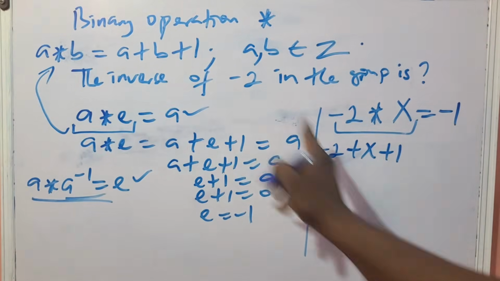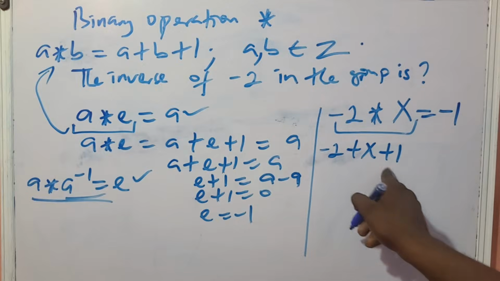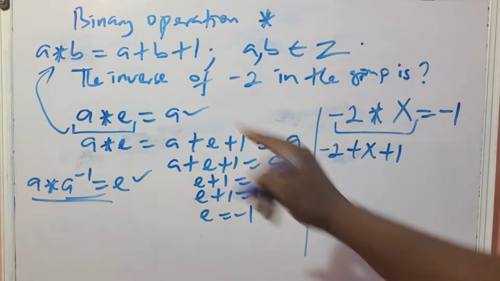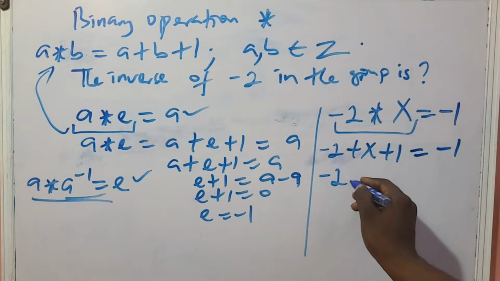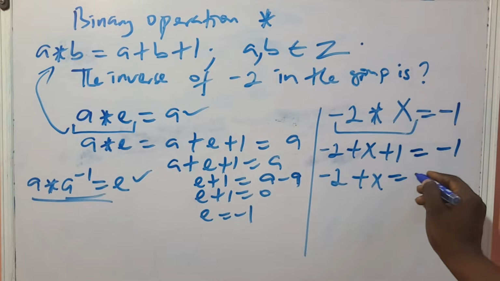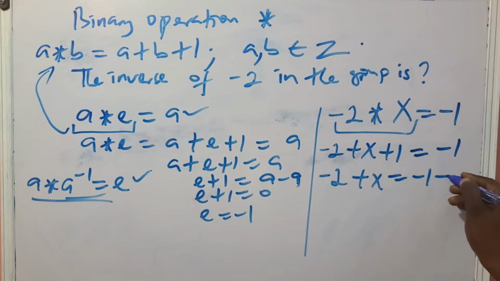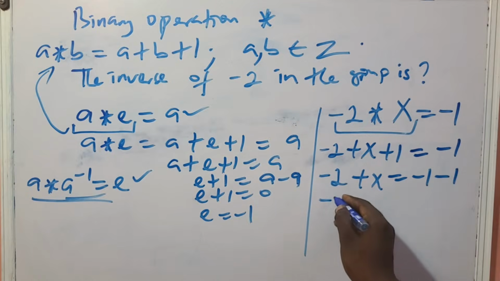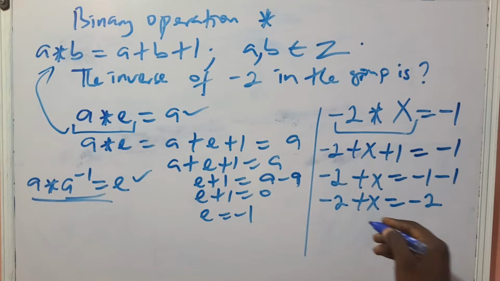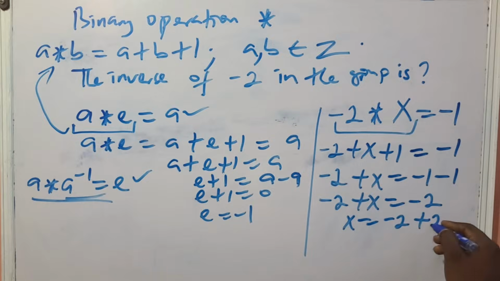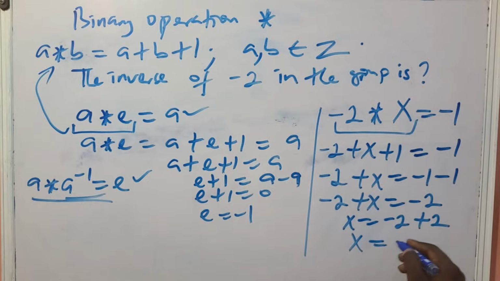If you place this back into that original rule, this equals minus 1. So minus 2 plus x plus 1 equals minus 1, giving minus 2 plus x equals minus 1 minus 1, so minus 2 plus x equals minus 2. So x equals minus 2 plus 2. Our x equals 0.